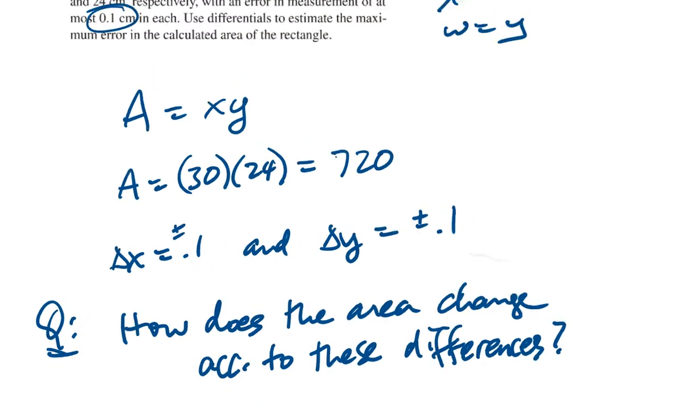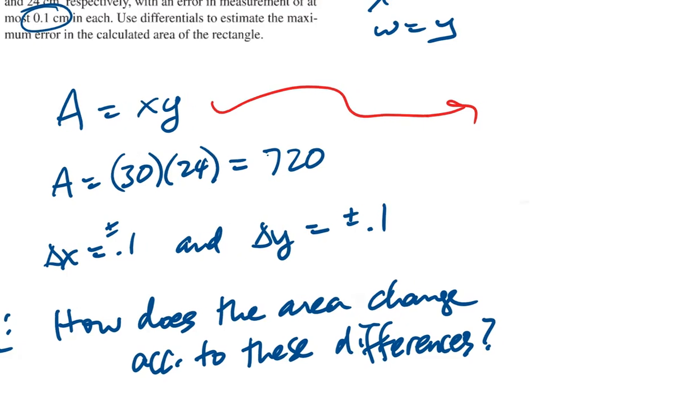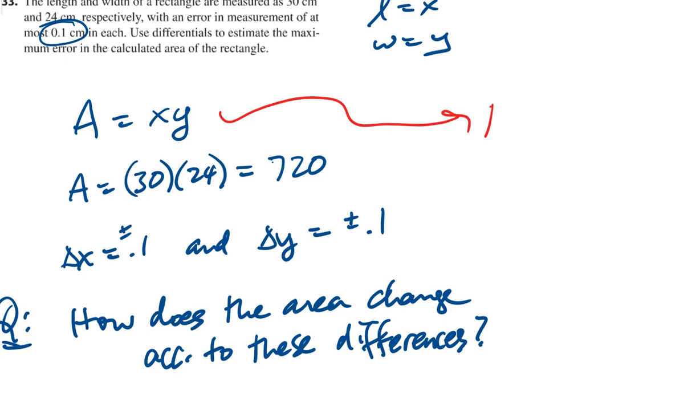Well, you can calculate this, right? This is pretty simple. I'm doing a simple problem just for illustration purposes. So I'm going to take my A, and the change in A.